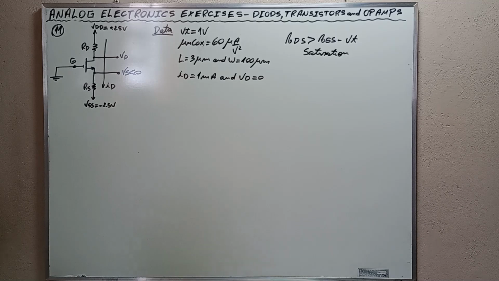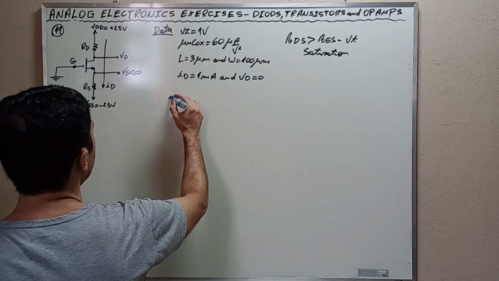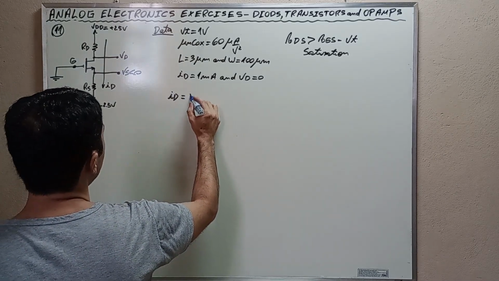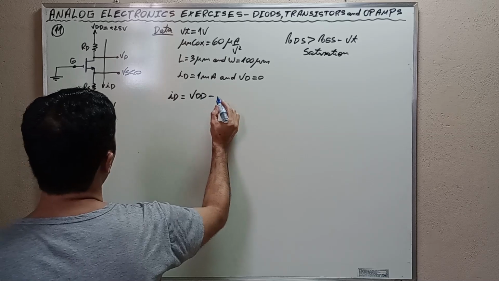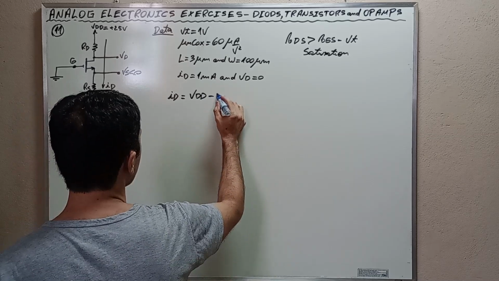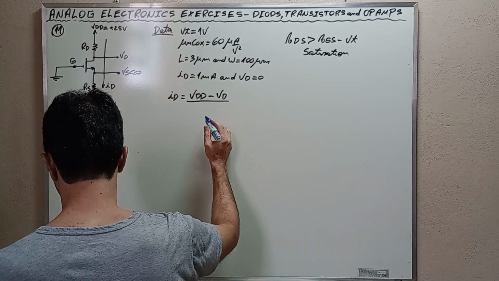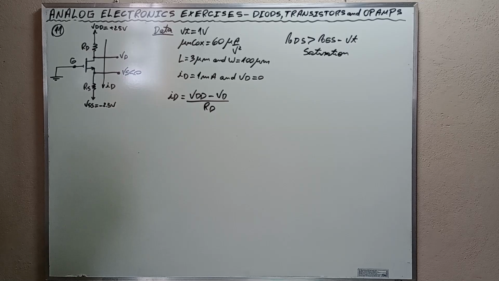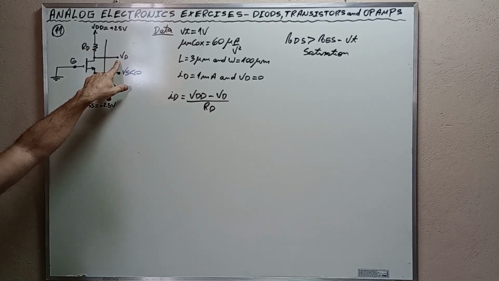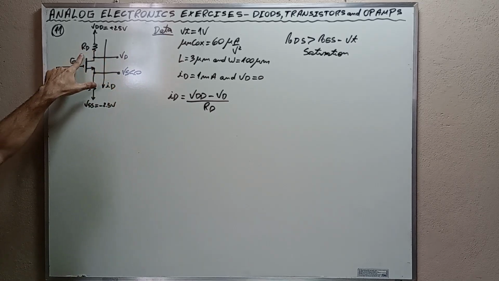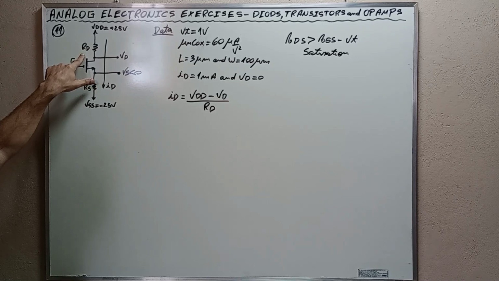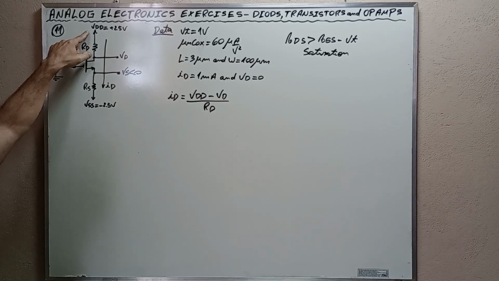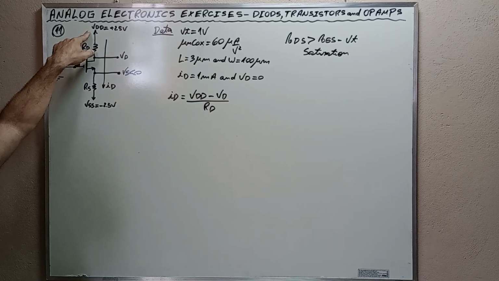Observe that we can calculate ID in this way. ID is equal to VDD minus VD divided by RD, okay? The voltage at the drain plus this voltage drop here on RD has to be equal to the voltage of the voltage source here, okay?